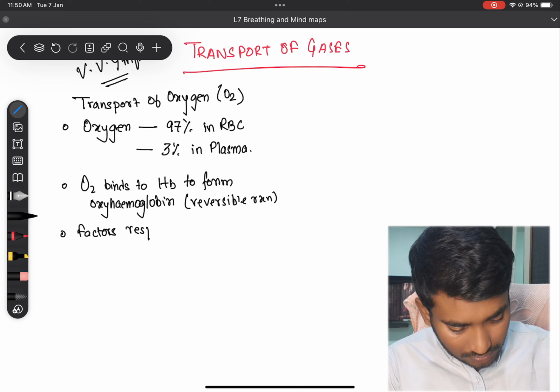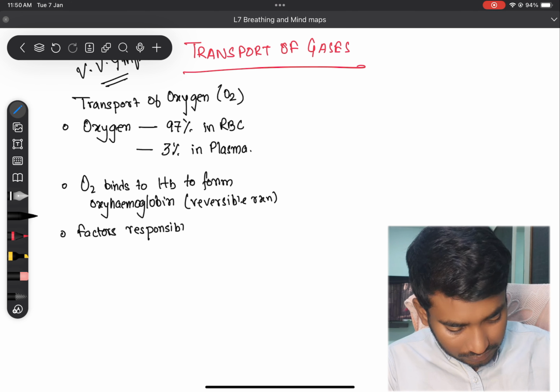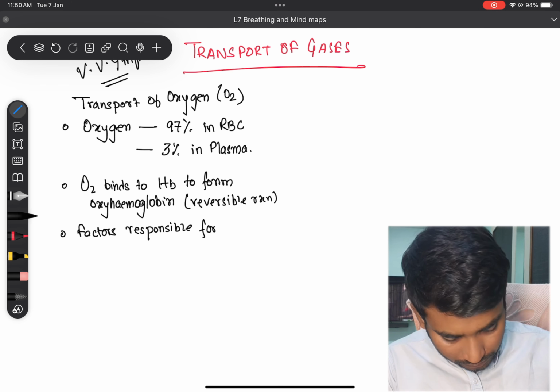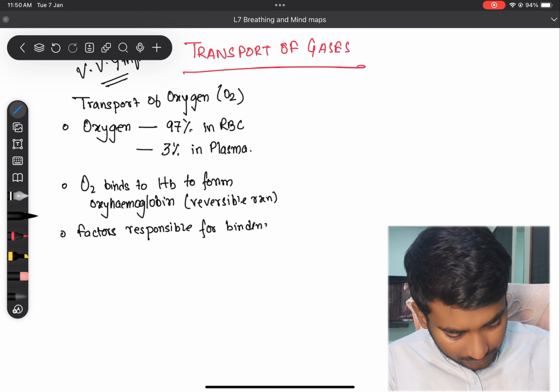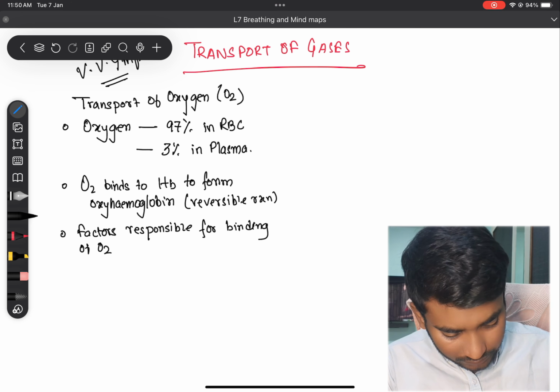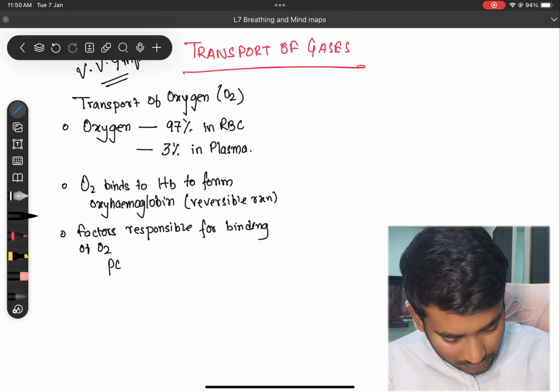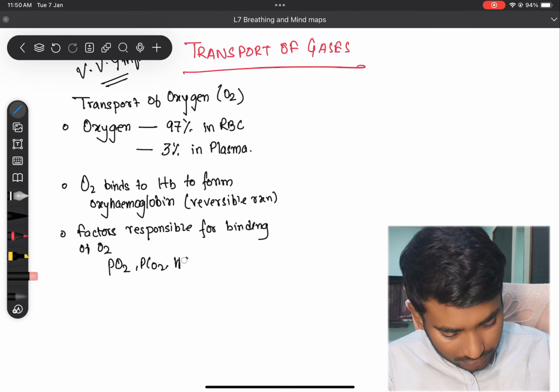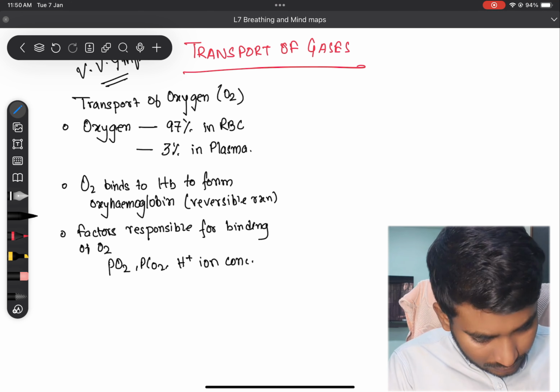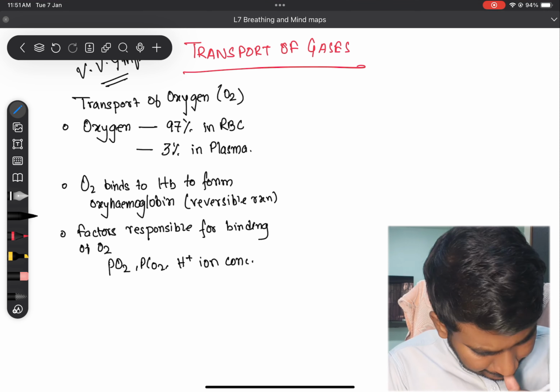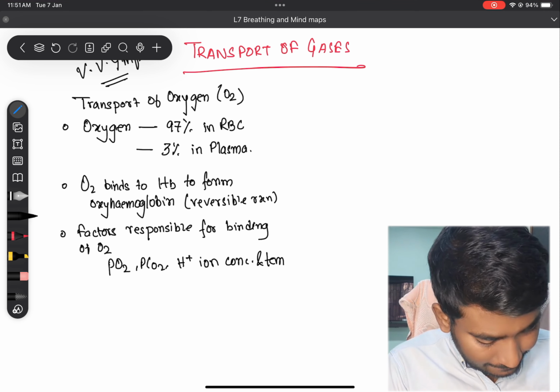Factors responsible for binding of O2: PO2, PCO2, hydrogen ion (H plus) concentration, and temperature.